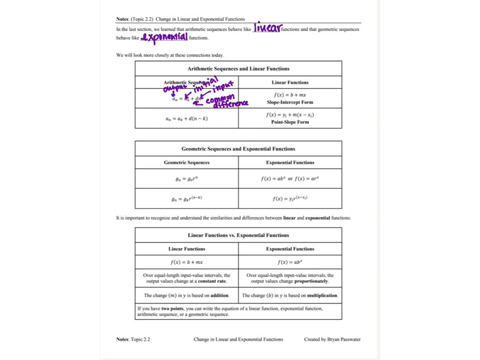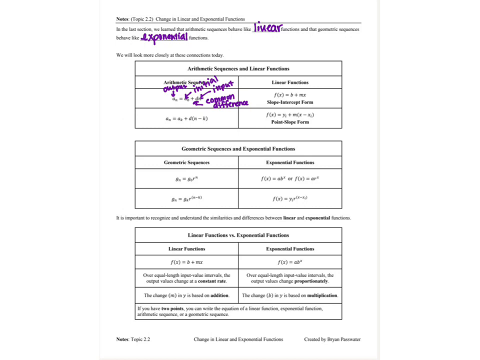A sub 0 would be b, your y-intercept, right? It's the number when x is 0. And then m corresponds with D, the common difference, the slope. And x is your input, and f of x would then be the output. Okay? So this is not hard.